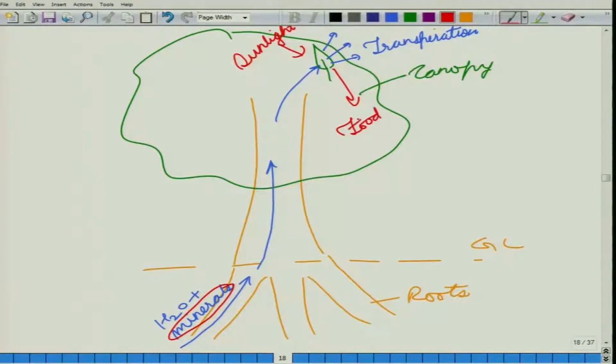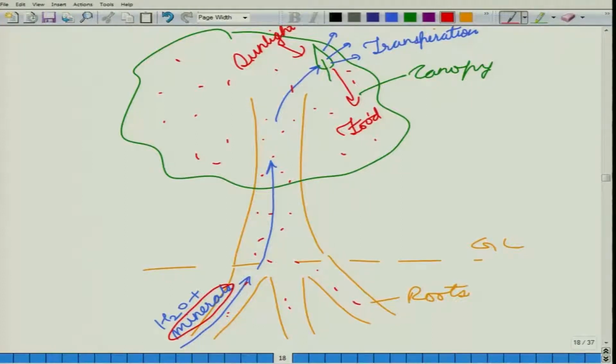Now that food would consist of carbohydrates, sugars, plus these minerals. They would also be distributed back to all parts of the plant through its phloem tissues. So you will have minerals everywhere, plus the food that goes to all the locations.